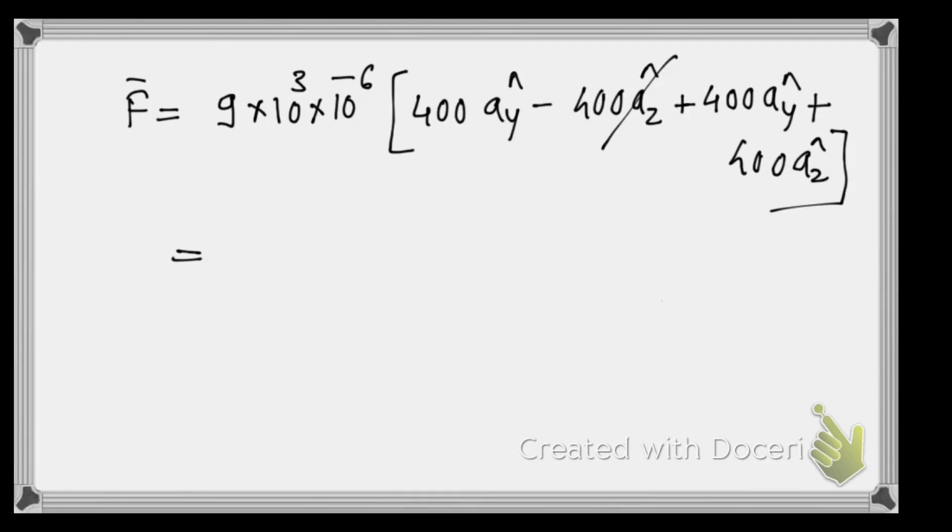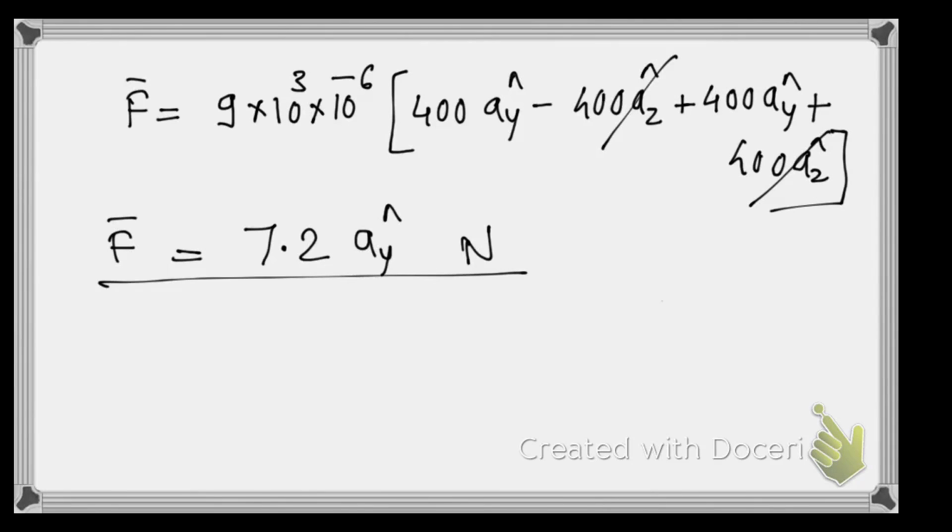So after solving this, az gets cancelled. So it is 400 ay cap into 9 into 10 raised to 3 into 10 raised to minus 6. So total it will become 7.2 ay cap newtons.